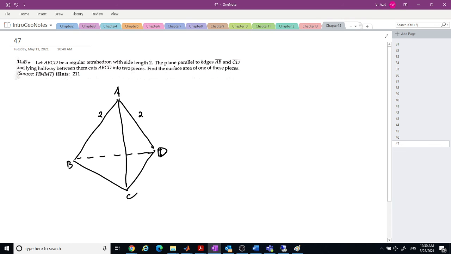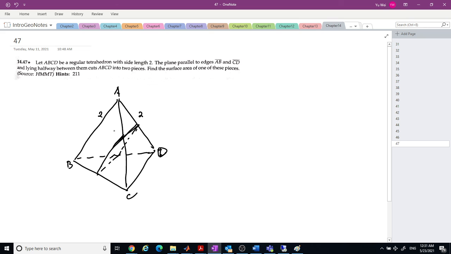We have a plane parallel to the edge AB and lying halfway between them. So we have a parallel plane like this. Let's find the surface area of such a piece.